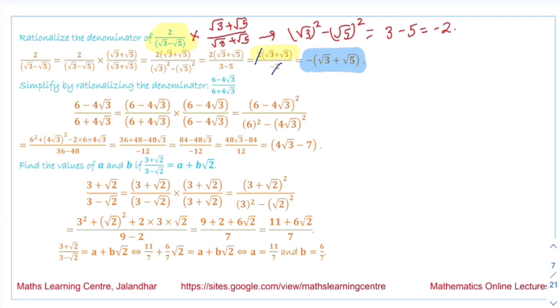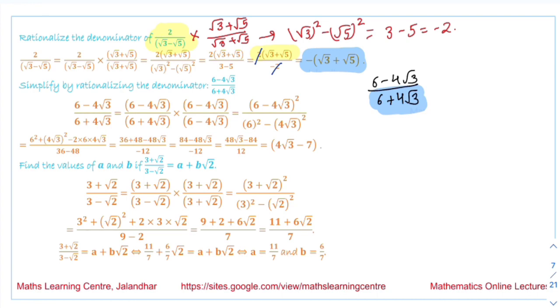Now in the next question, it is 6 minus 4 root 3 over 6 plus 4 square root of 3. The important thing to note over here is that we are looking only at the denominator. We want to make the denominator a rational number.